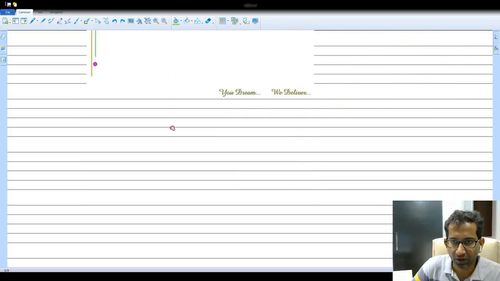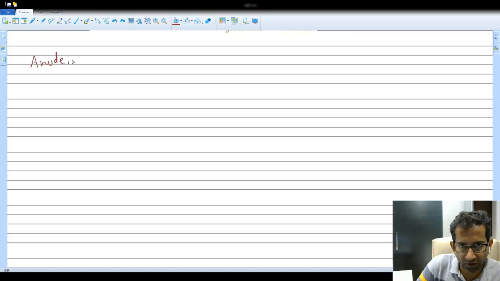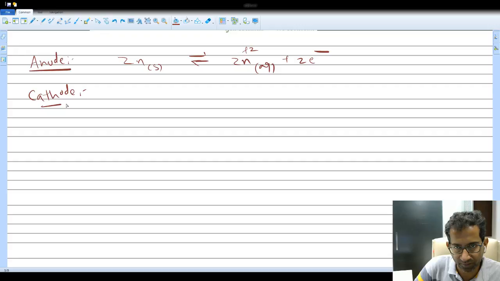Okay, so what happens at the anode? At the anode oxidation takes place. Zn solid reversibly Zn plus 2 aqueous and 2 moles of electrons. At the cathode, Cu plus 2 aqueous plus 2 moles of electrons gives Cu solid.